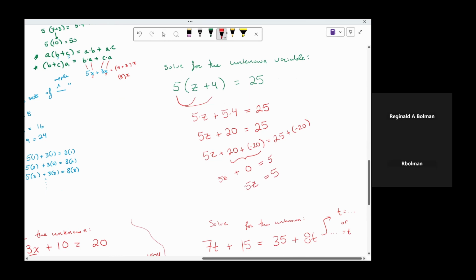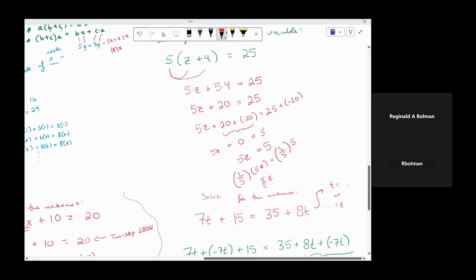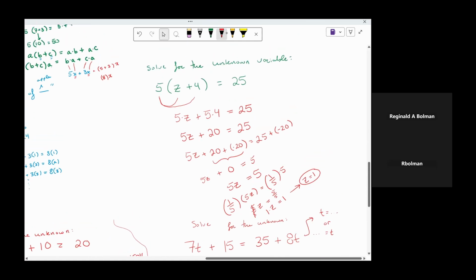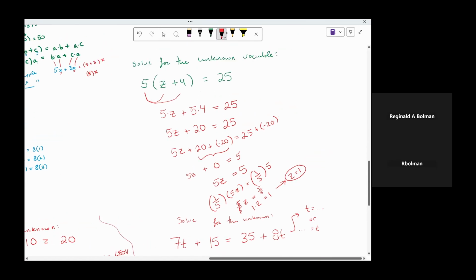And at this point in time, you can multiply 1/5 on both sides of your equal sign. 5 times 1/5 is just 5 over 5, which gives you 1. So you get z is equal to 1. And that's your answer.